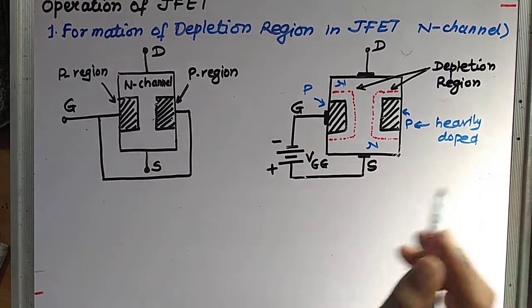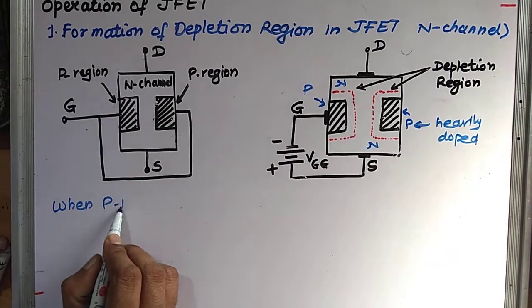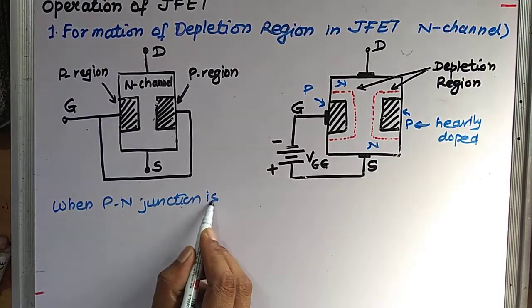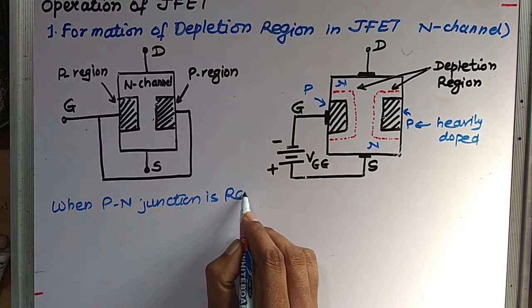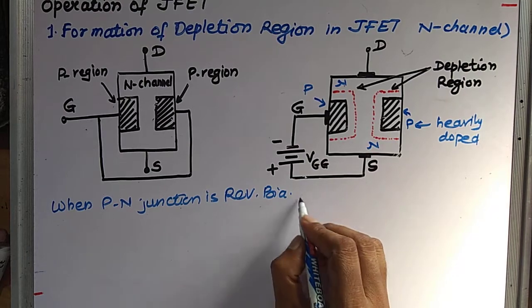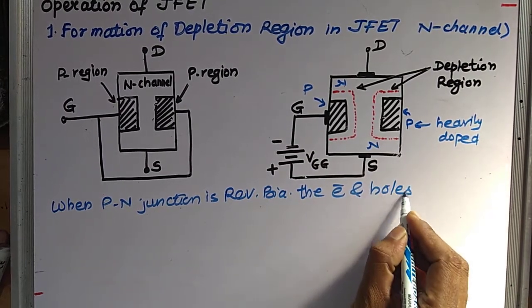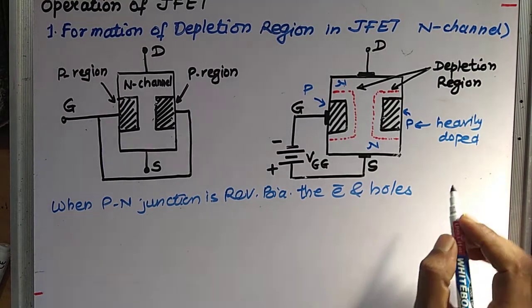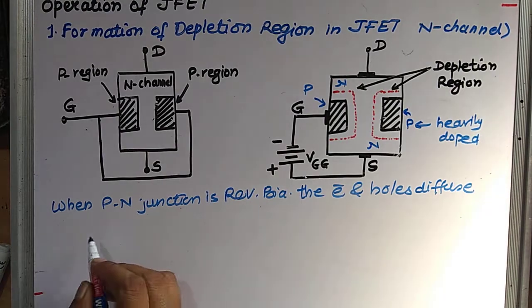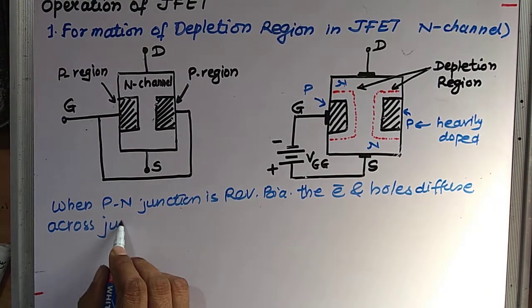Now, when the PN junction is reverse biased, the electrons and holes diffuse across the junction.